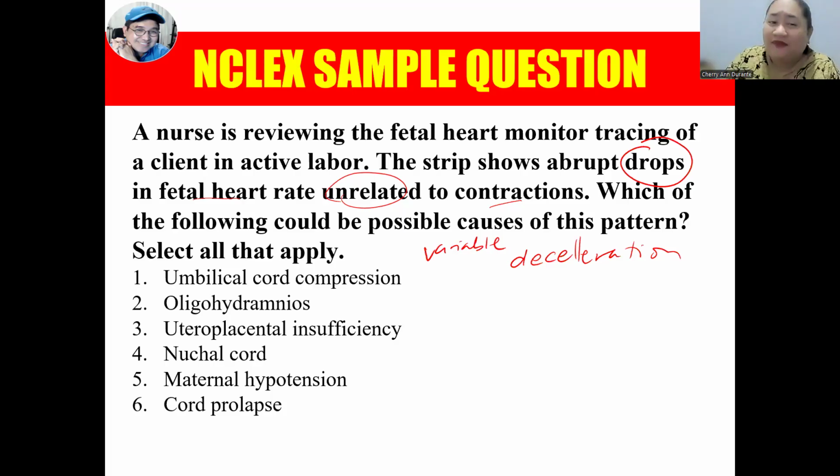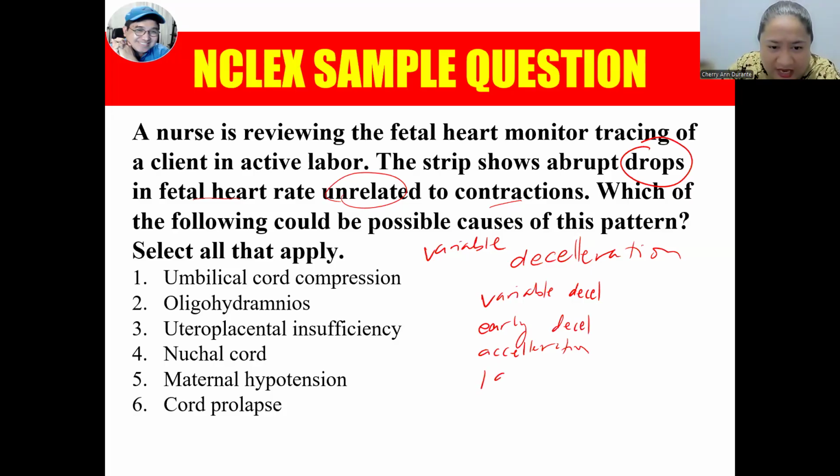And if you recall, guys, listen, if you recall our different decelerations and your fetal heart rate as it relates to contraction, remember your mnemonic VEAL CHOP. Yes, Camille recalls it. So you have V, variable deceleration, E, early deceleration, A, acceleration, L, late deceleration.